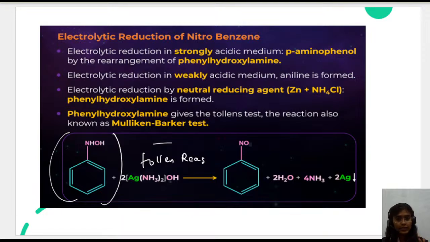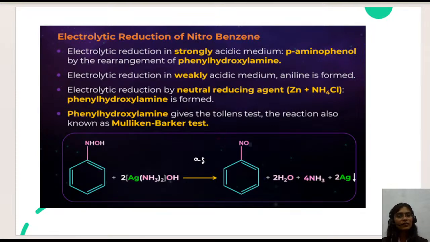No CO group or carbonyl group is present, but still it is a Tollens positive test. So if the Tollens test is given positive by this phenyl hydroxylamine, it gets a new name, the Mulliken-Baker test. It's just an updated version of the Tollens test for the hydroxylamine, and it is converted to NO, not NO2, it's NO there.